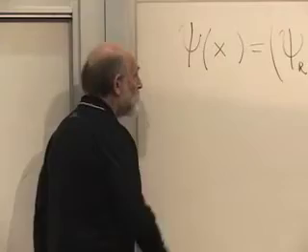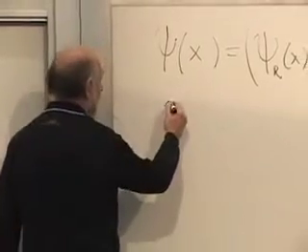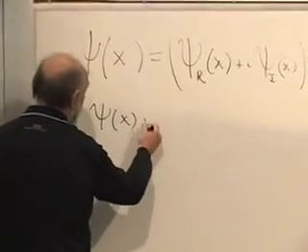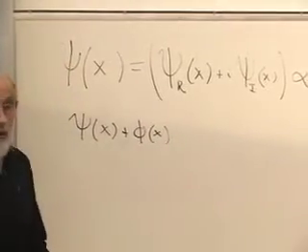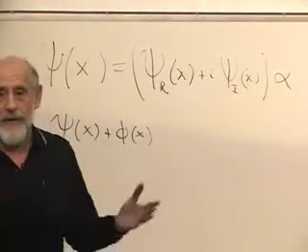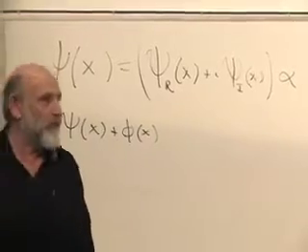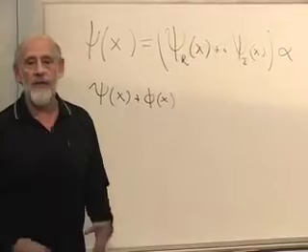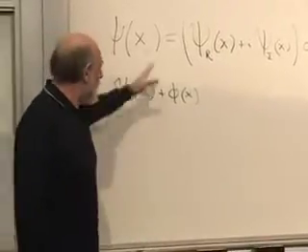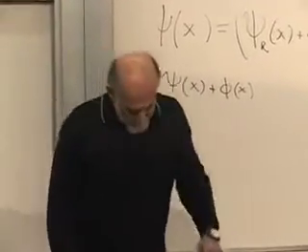Number two, I can add complex functions, a psi and a phi, for example. Psi of x plus phi of x gives me another complex function. So they form a complex vector space. Unless you've been doing this for some time, you may not be used to thinking of functions as vectors, but they are vectors in this mathematical sense.